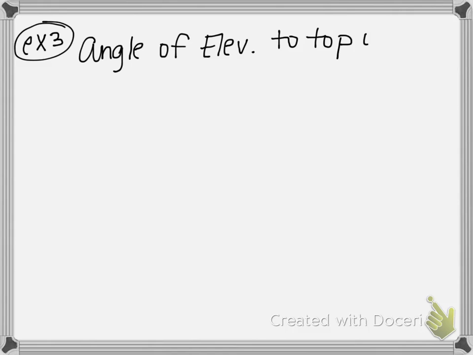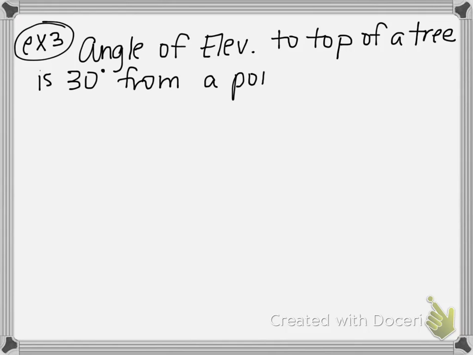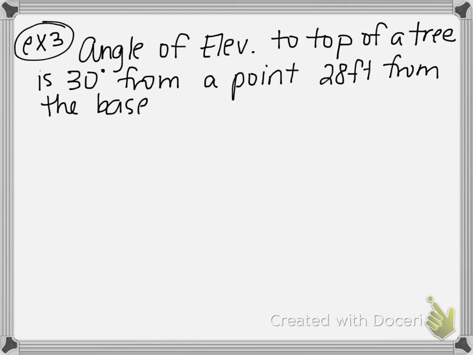Okay, so the angle of elevation to the top of a tree is 30 degrees from a point 28 feet from the base of the tree. Alright, and you need to find the height of the tree.